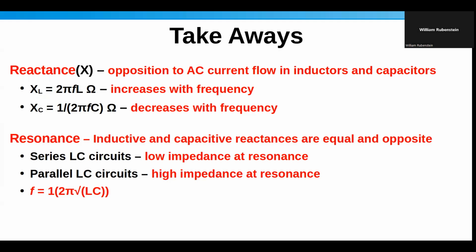A parallel circuit is going to be at its highest impedance. In both cases, it turns out to be whatever the resistance is in the circuit. And the formula for resonance, just for information, is 1 over 2 pi times the square root of the product of the inductance and capacitance.